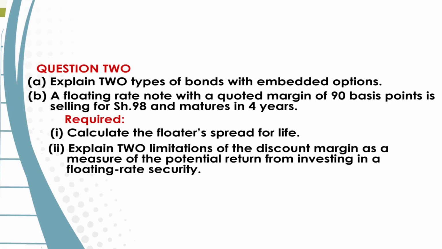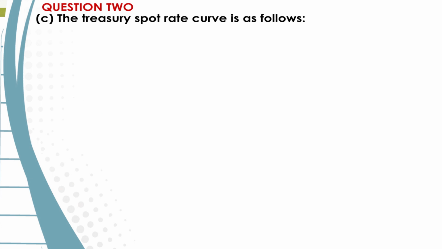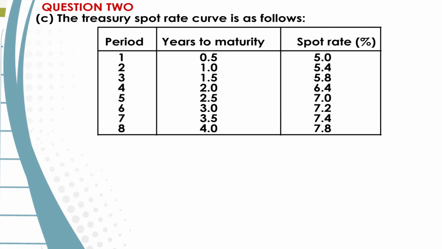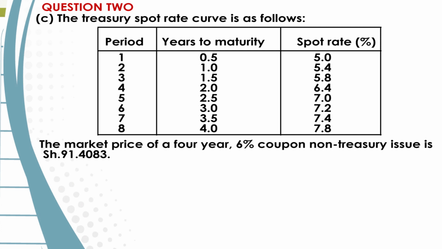Then let us move on to answer part C, which reads that the Treasury spot rate curve is as follows. We have 3 columns: period, years to maturity, and spot rate in percentage. Below the table, I read that the market price of a 4-year 6% coupon non-treasury issue is 91 shillings and 40 cents.